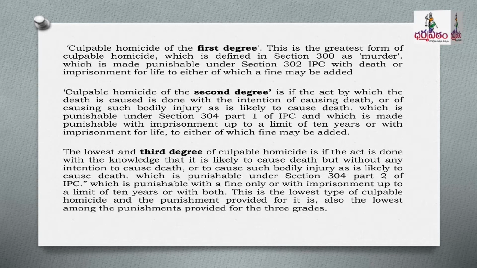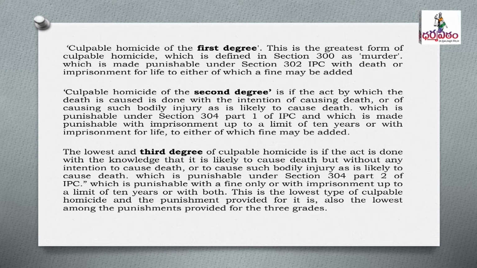Now, what is the second degree? Culpable homicide of the second degree. It states, if the act by which death is caused, so a person committed an act and because of that act he caused the death of a person, and he did it with the intention to cause death or intention to cause bodily injury as is likely to cause death.